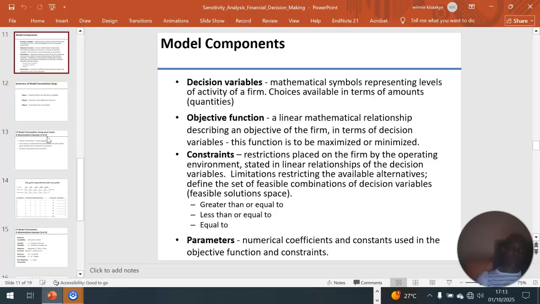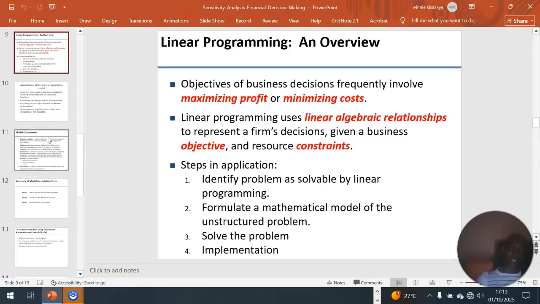So remember we said we start by identifying the problem at hand. Then from there we formulate a mathematical model of the unstructured problem. Why are we saying unstructured? Because you've not yet known the steps to follow to solve the given problem.